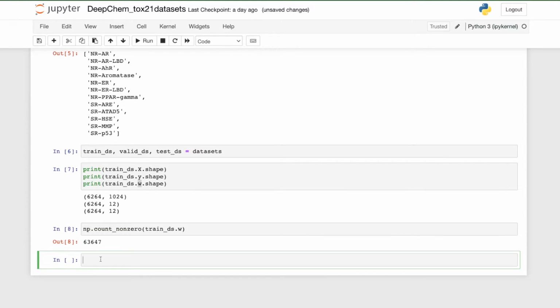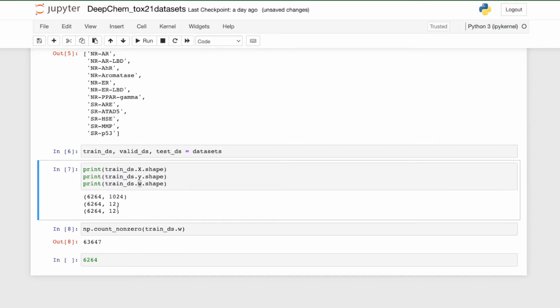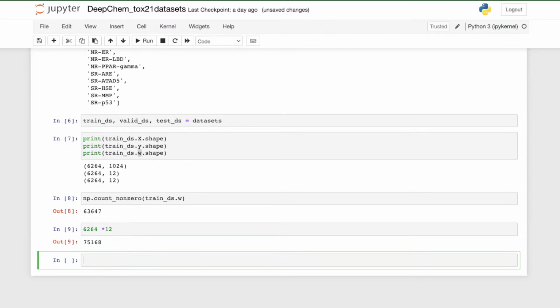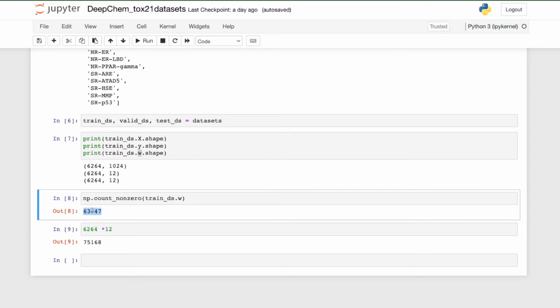If you multiply 6,264, that's how many molecules we got, by 12, you see 75,168. So technically you should have 75,168 non-zero values there, but it turns out some of them did not have enough data, so the people who created this data set packed them with a bunch of zeros. So that's pretty much what we have here.